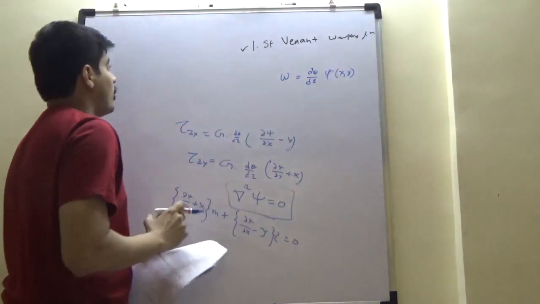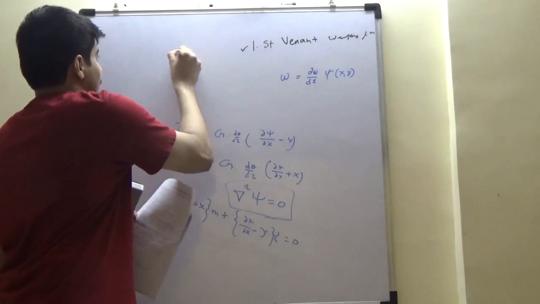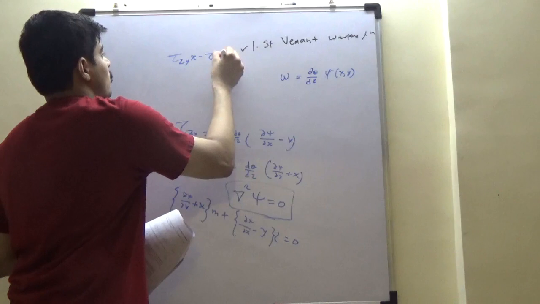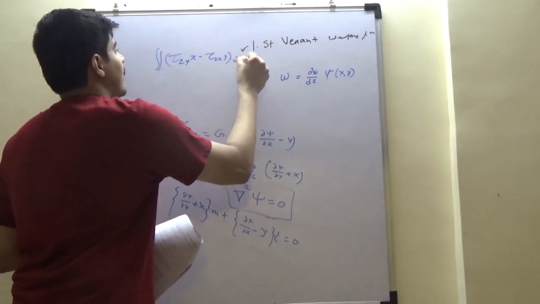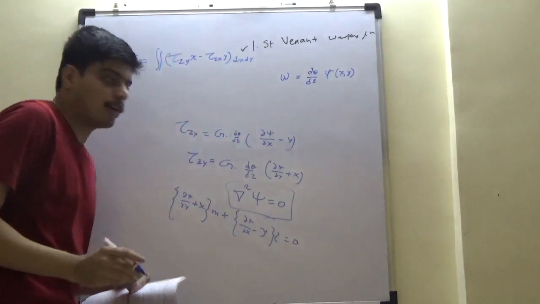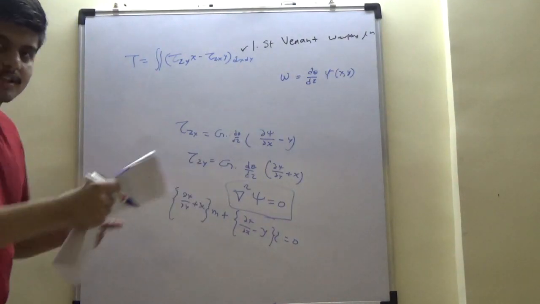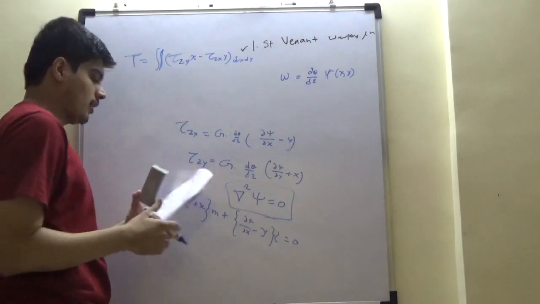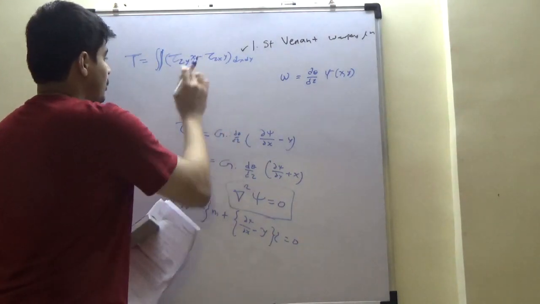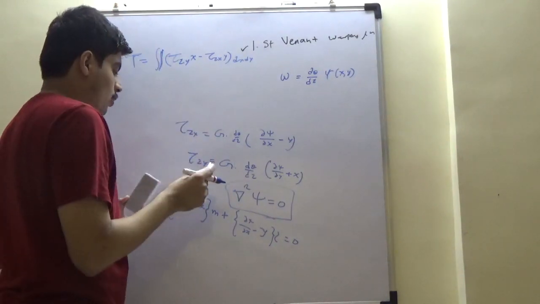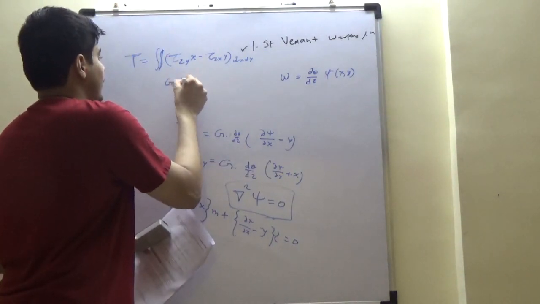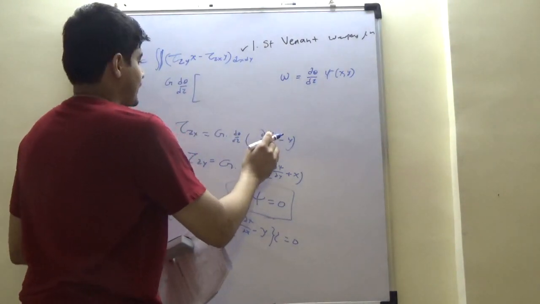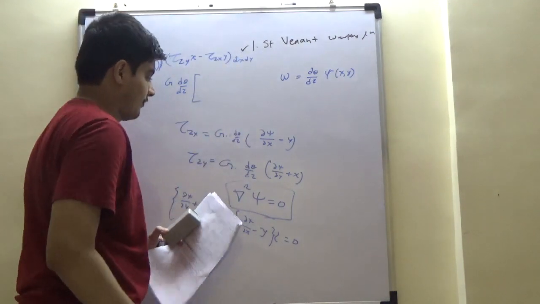Most important is, so far we have not used in this framework what is called as torque balance, right? Because we have said what you have is tau zy x minus tau zx y integral dx dy has to balance the inbuilt torque, right? We looked at this twisting argument over the surface. The integral of this has to resist the total torque. If I now substitute these parameters from here, what I am left with is G d theta by dz, which is constant, which is going to come out, del psi by del x into x dx dy, right?